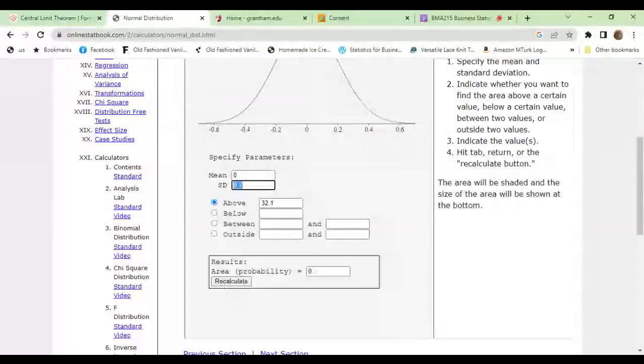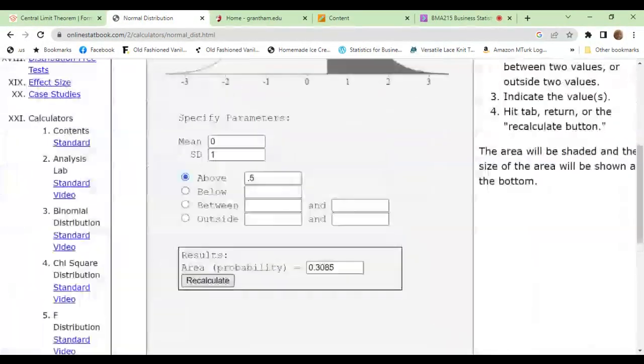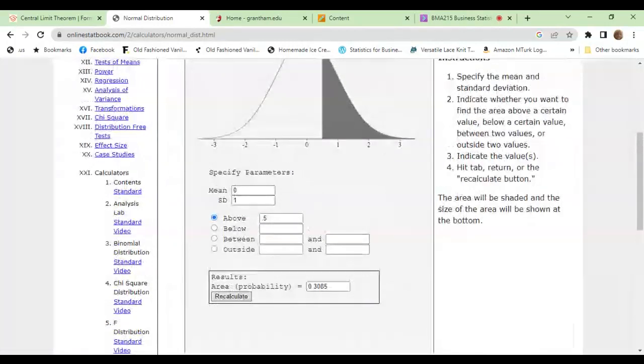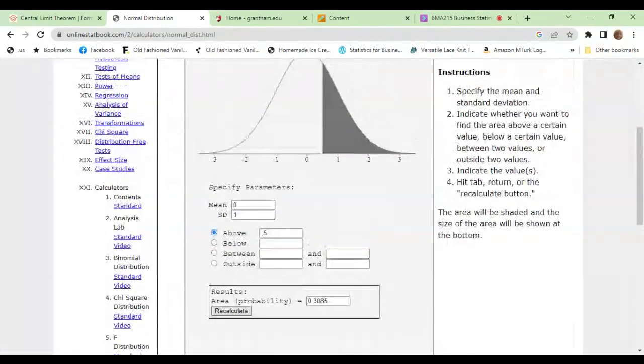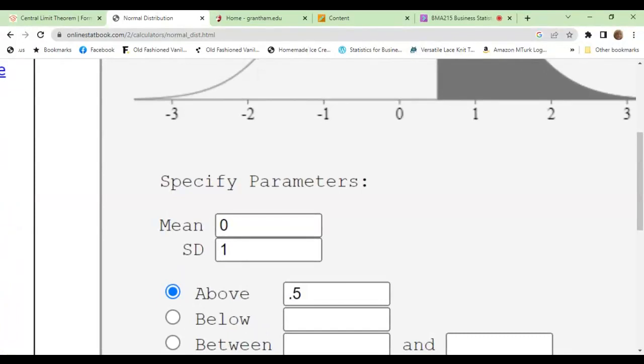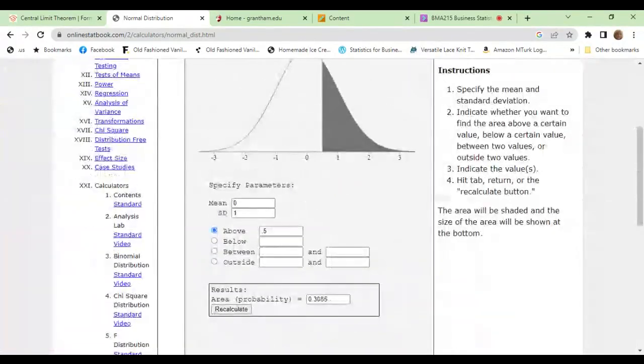So let's go back to our calculator. This time we have the standard normal curve, 0 and 1. We want it above the z-score, which was 0.5. We calculate. Notice we get the same answer, 0.3085. We get the same picture pretty much too, but remember our mean was 32. So what I'm trying to say is that the z-score translates it to the standard normal curve, where the mean is 0 and the standard deviation is 1, to get our answer.